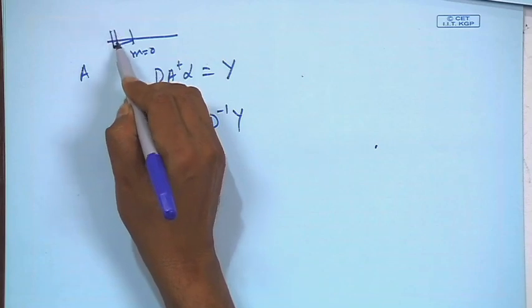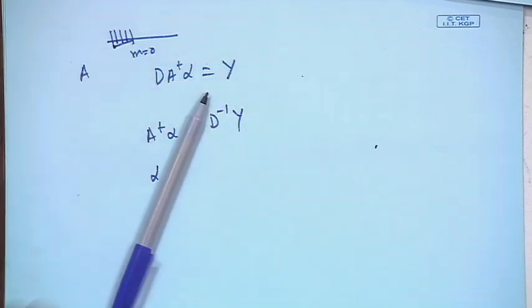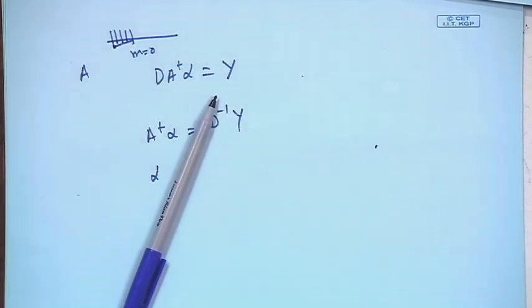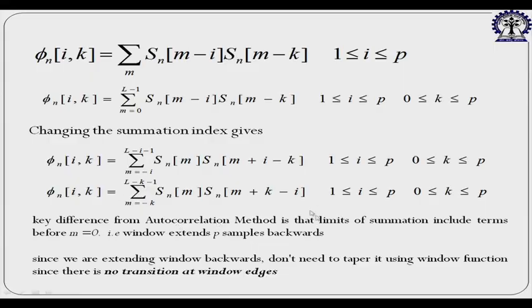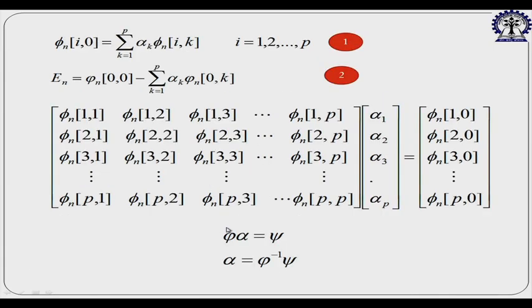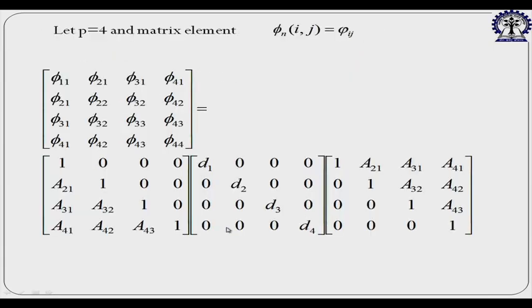I require the p number of previous samples, because this restricts me. So this is called the autocorrelation method. There are other techniques also, called lattice methods, that we will discuss in the next class.